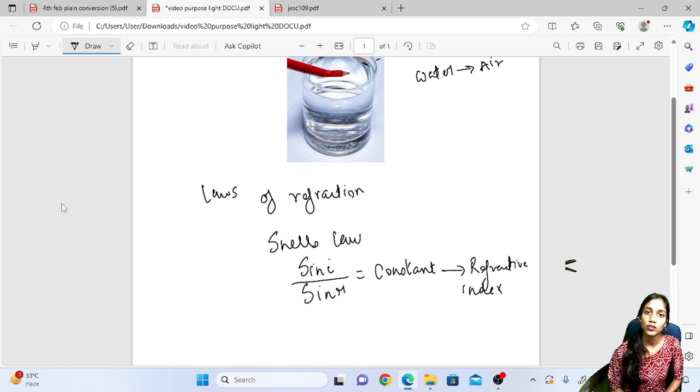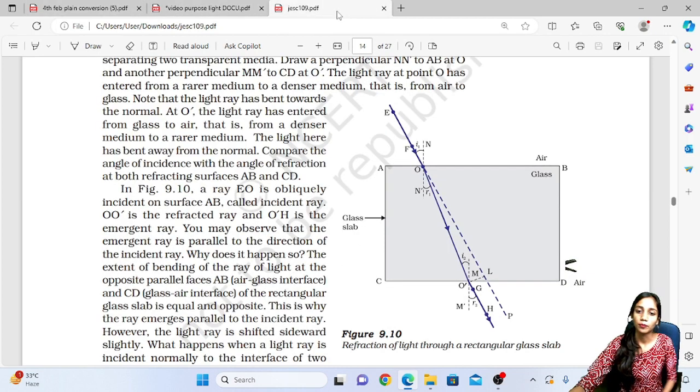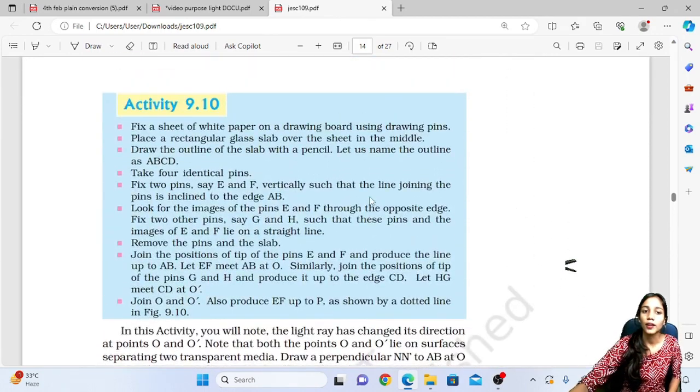Now, to understand refraction in a better way, we will study the diagram. For this purpose, one activity is done. A white sheet of paper is fixed on the drawing board using drawing pins, and a rectangular glass slab is placed over the sheet.